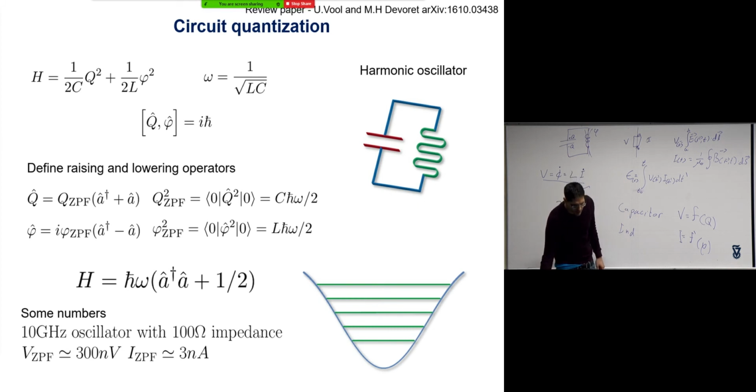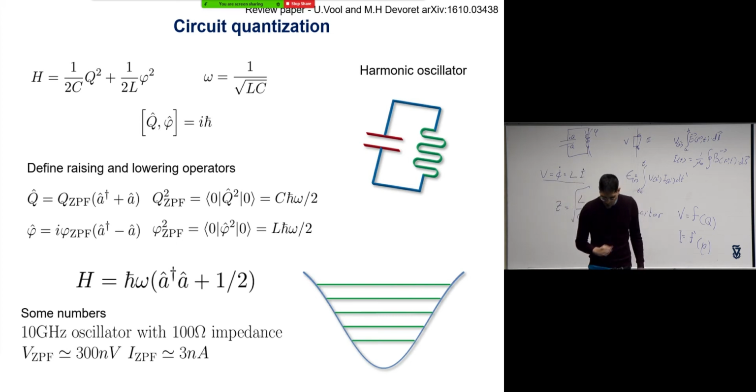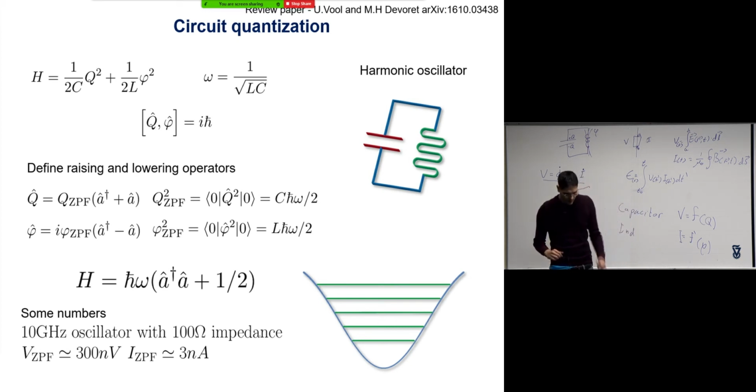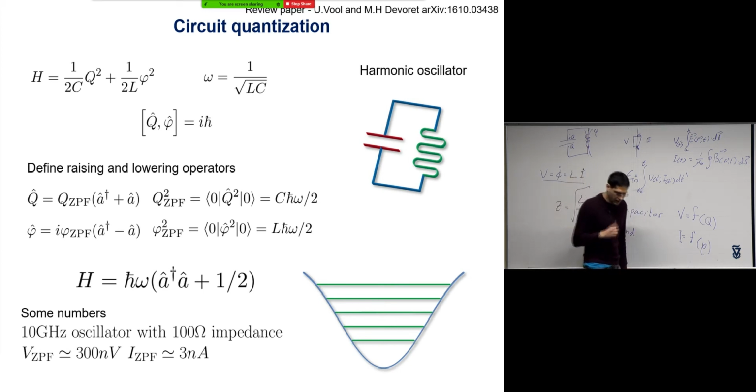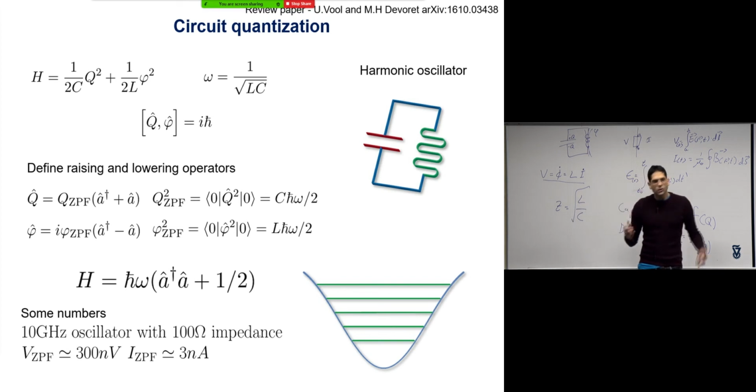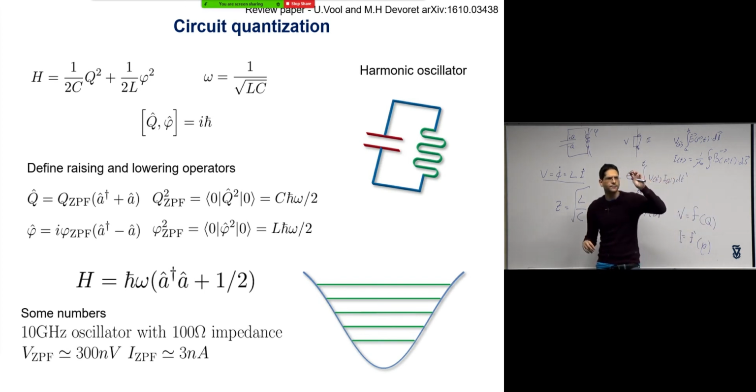You can see here I calculated the zero-point fluctuations of the charge with respect to the vacuum state of this oscillator. You can do the same on V and I, and that's how you get these numbers. So this is how you go from circuit elements, a capacitor and an inductor, with this definition, to having a quantum harmonic oscillator.